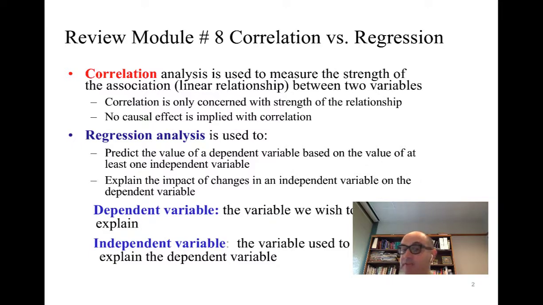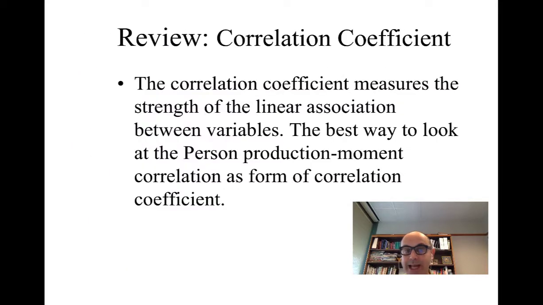The dependent variable is the variable we wish to predict or explain, versus the independent variable, which is the variable used to predict or explain the dependent variable. A very important distinction between correlation and regression.